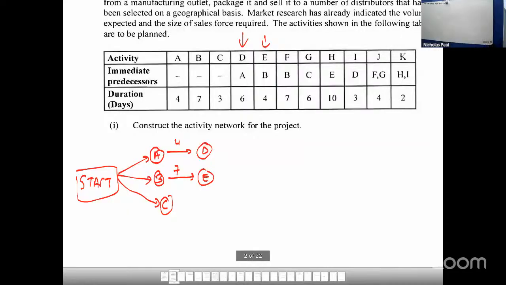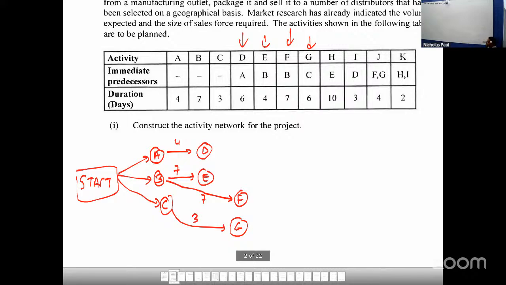Look at F now. F could only happen if B happened. Nobody else, right? So now we could say, here's where F could happen, 7 days later. Look at G. G could only happen if C happens. And C takes 3 days.